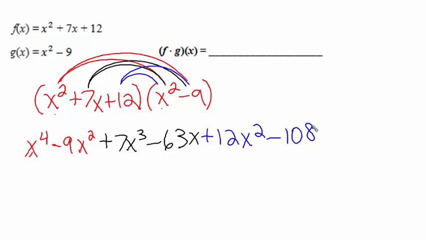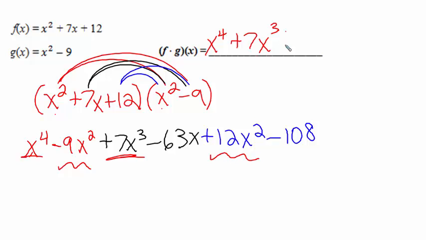Then it's just a matter of combining like terms again. There are no other x to the 4th terms, so we'll have x to the 4th as part of our answer. I'm going to go to the cube terms next. Looks like that's the only one, so we have a 7x cubed. There's a negative 9x squared and a plus 12x squared.